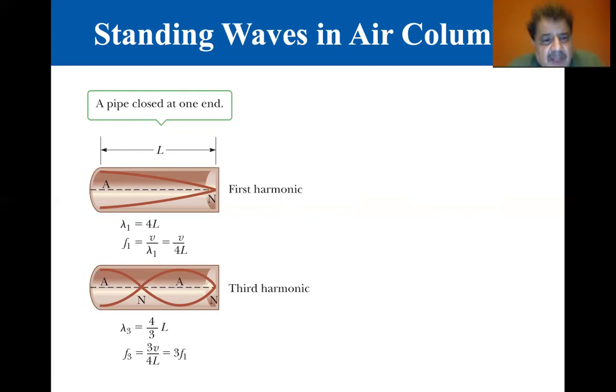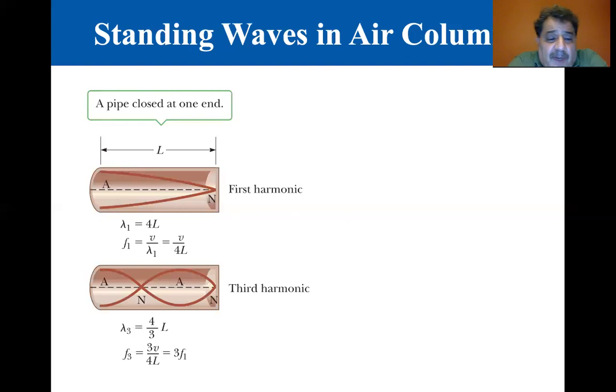So you have the first harmonic. Lambda is equal to 4L. In other words, L is a quarter wave. From a node to an antinode is a quarter wave. So lambda 1 is equal to 4 times the length of the tube, since it's only a quarter wave. So F1 is equal to V over lambda 1, which equals V over 4L.